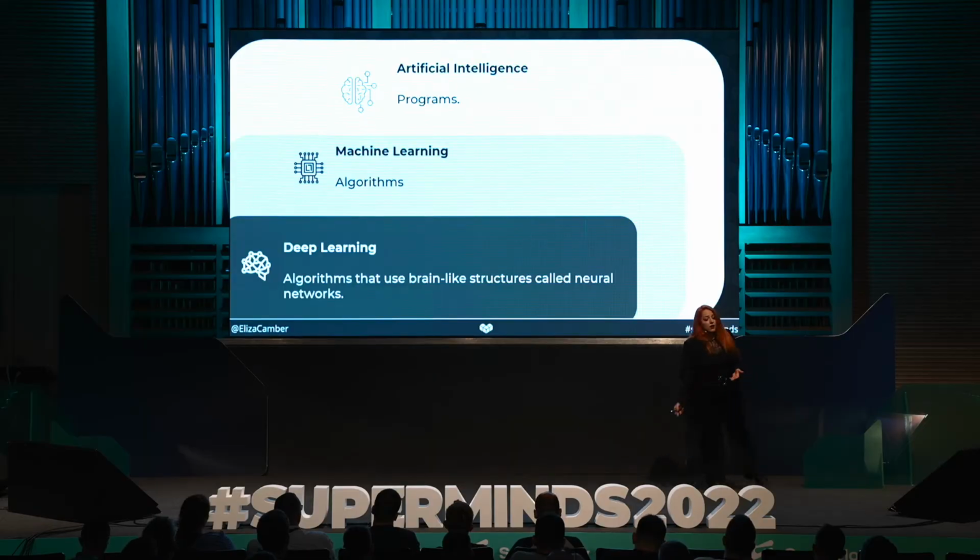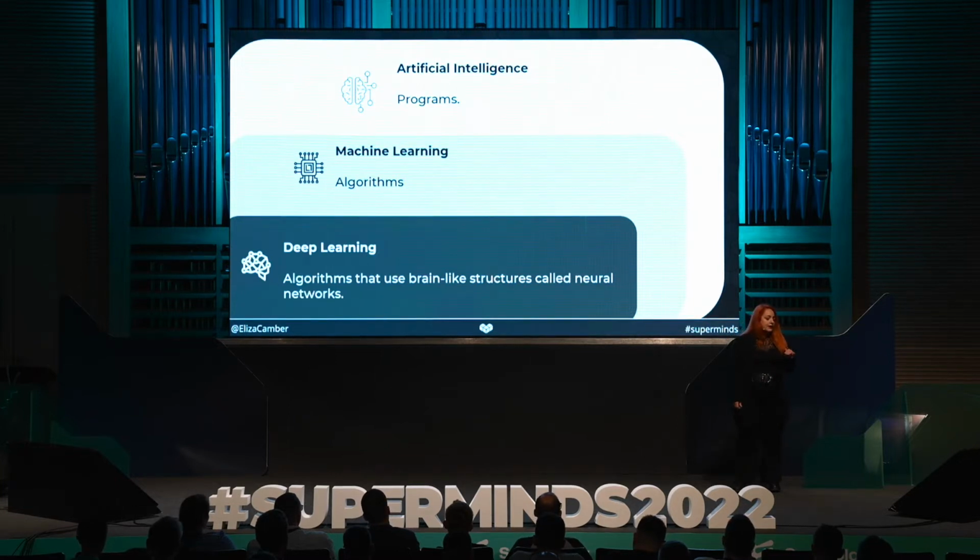If we want to simplify it, we can roughly do it as follows. AI is programs. Machine learning is the algorithms, and then we also have deep learning, which are the models. And the models are just a fancy word for actual algorithms as well, but very specific algorithms. They are algorithms that use neural networks, which are like a human brain structure.